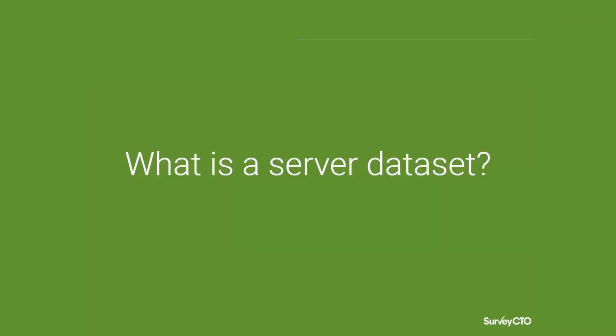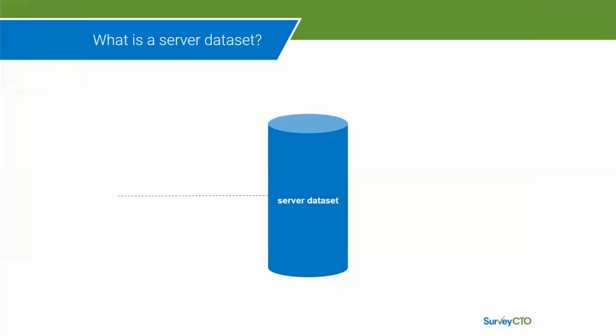So what is a dataset? In a few words, a server dataset is tabular data that is saved in your server, more specifically in the Design tab along with your forms. It can be either static, which means that it doesn't change across time, or dynamic, those that are permanently changing with incoming submissions when you are publishing form data into the dataset.